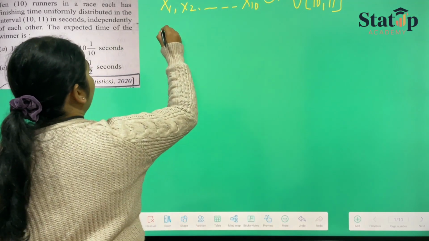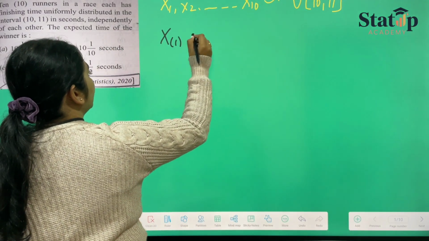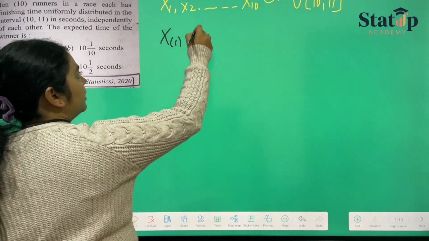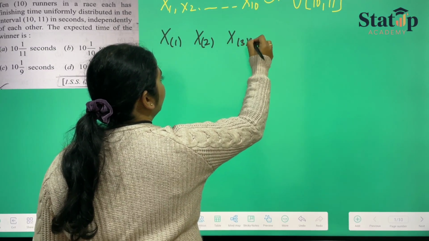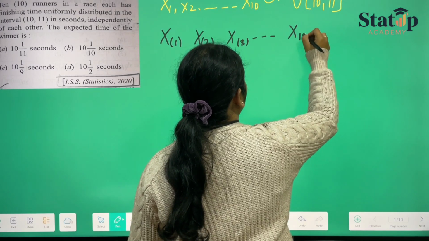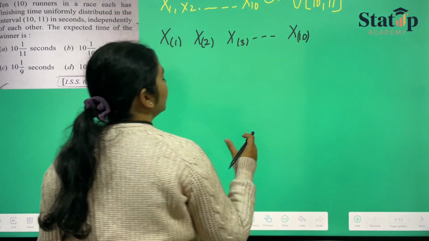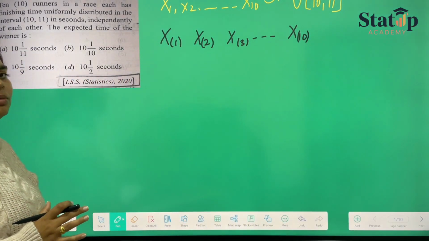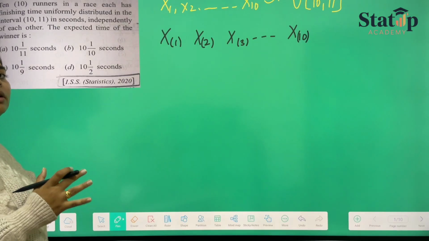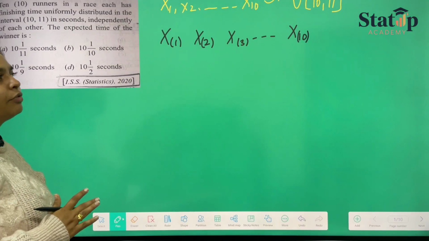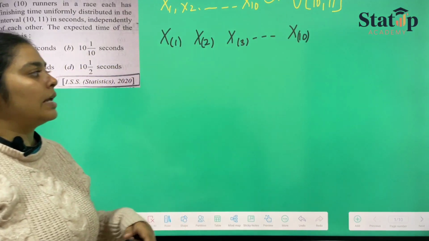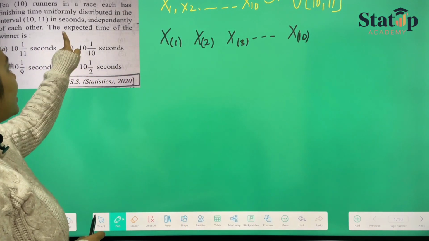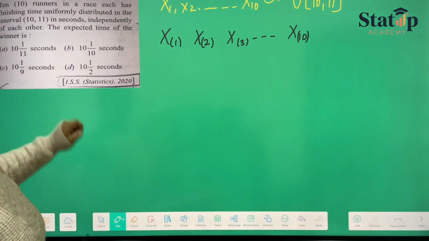If we arrange them in ordered statistics, it means the first one is the winner, the second one came second, the third one came third, and so on till the last one came last. Ordered means I am arranging them in the order of them reaching the finishing line. So this is x1, x2, x3 up till x10.